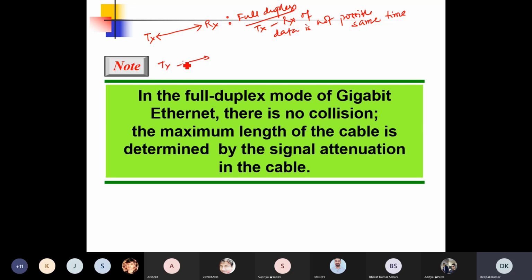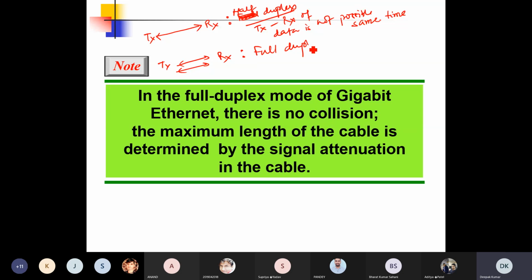But when you use a pair of cable between transmitter and receiver, this is called full duplex.